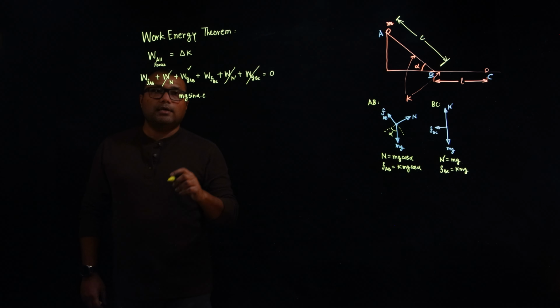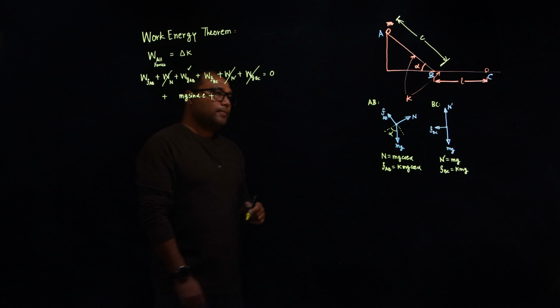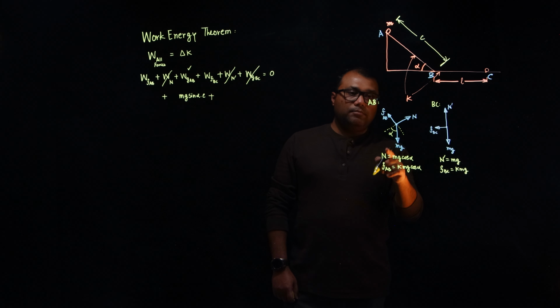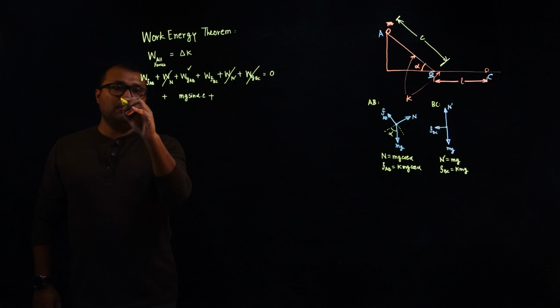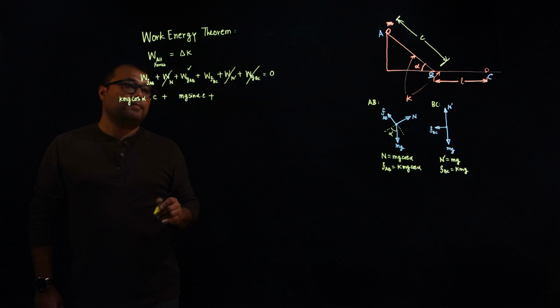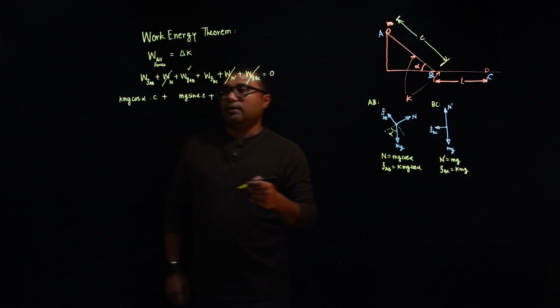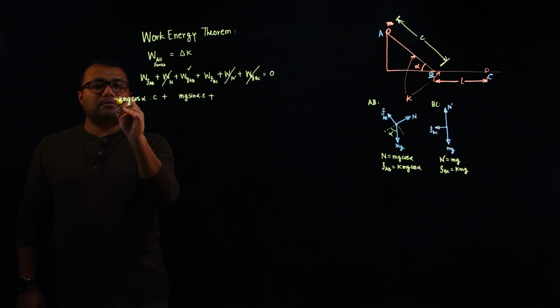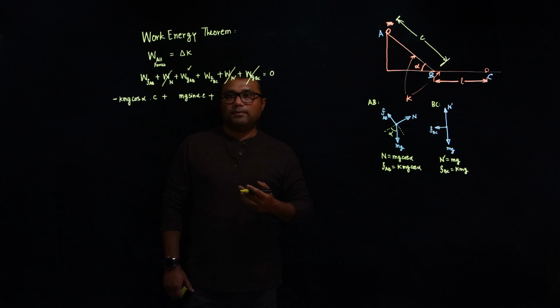Then we have to find the work done by the friction forces. Work done by friction force AB is the force, K mg cos alpha, times the displacement C. Oh wait, this has to be minus because the friction force is opposite to the direction of displacement.